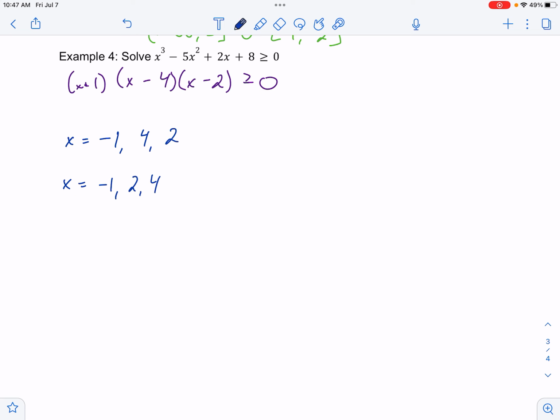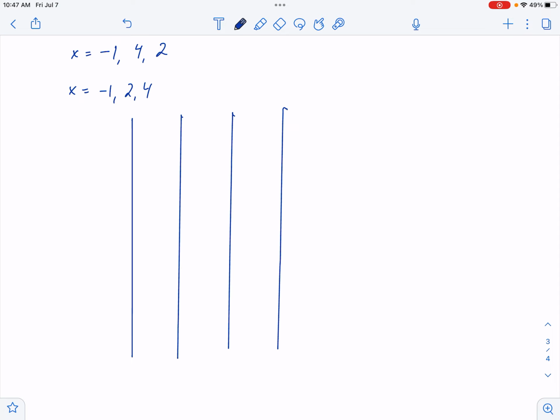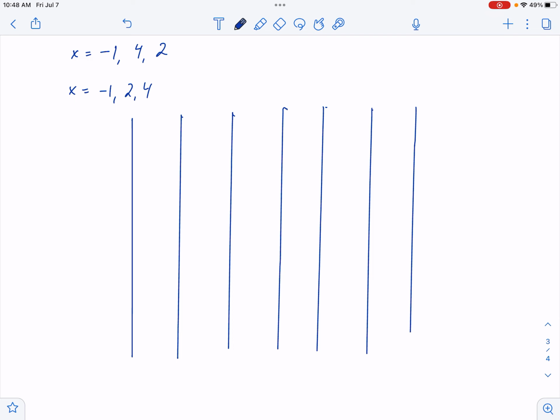So I need, once again, a table with 7 columns, and I'll need one with 4 rows. One more. Perfect. Some space for a header.